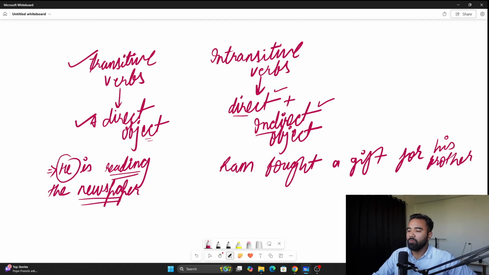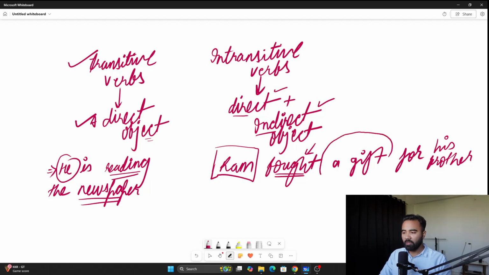So the first thing we do is find out the verb. Verb is obviously bought. Ram becomes subject. Now the doubt starts. This is where things start getting tricky and confusing, because there are two objects. The action of buying is being performed on a gift. Also, that gift is being bought for his brother.